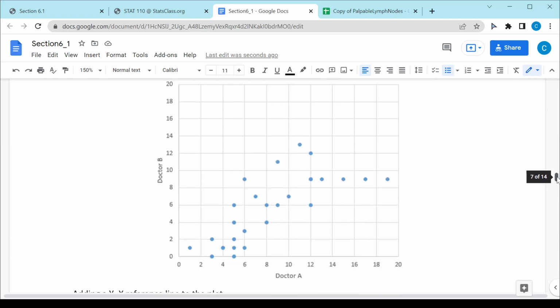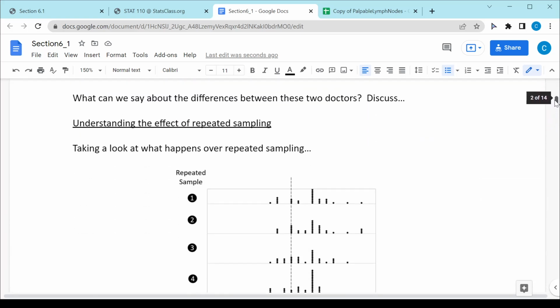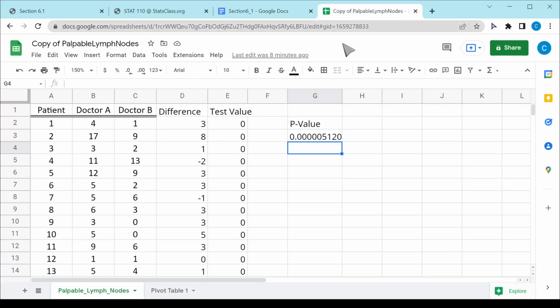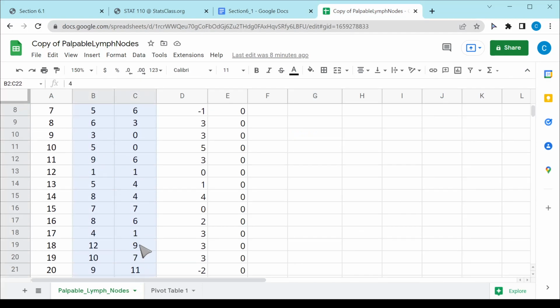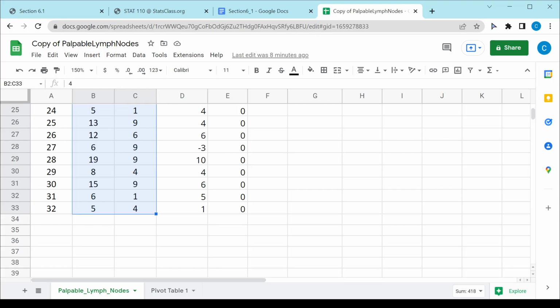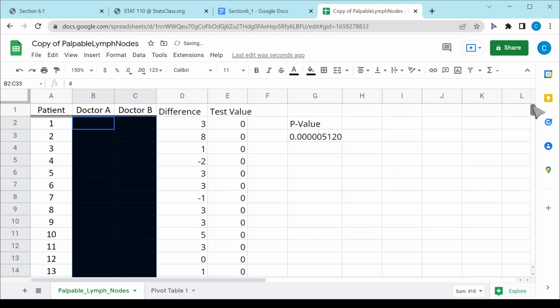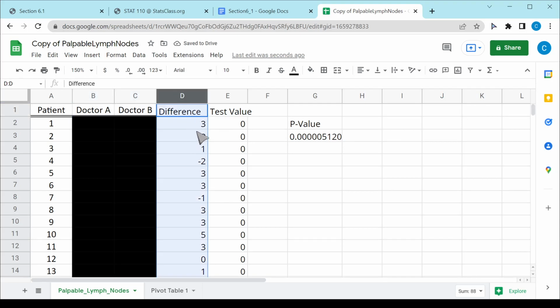Okay, next let's go ahead and just look at a scatter plot of this data. So one thing that's true is that when I do this analysis, let's look at the spreadsheet here. When I do this analysis, I don't actually take into consideration what the values were. What do you mean by that, Chris? When I do this analysis, I'm just looking at the difference column here.